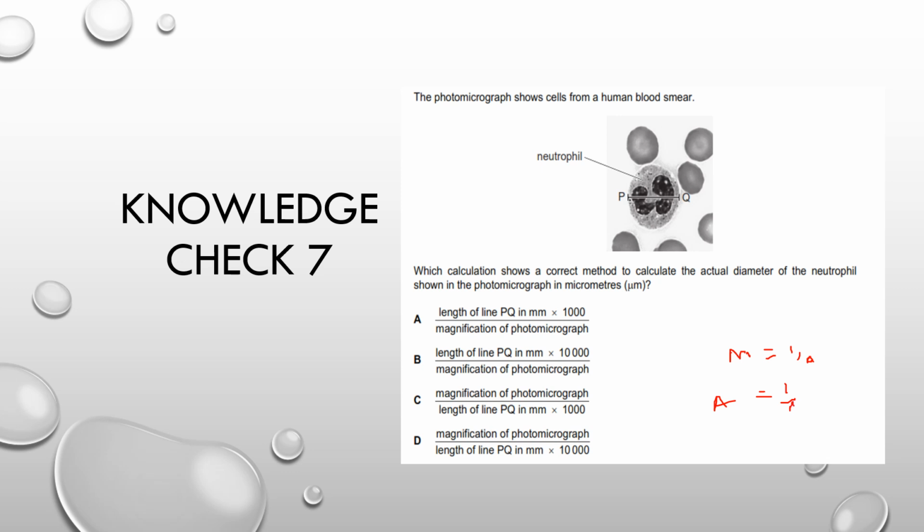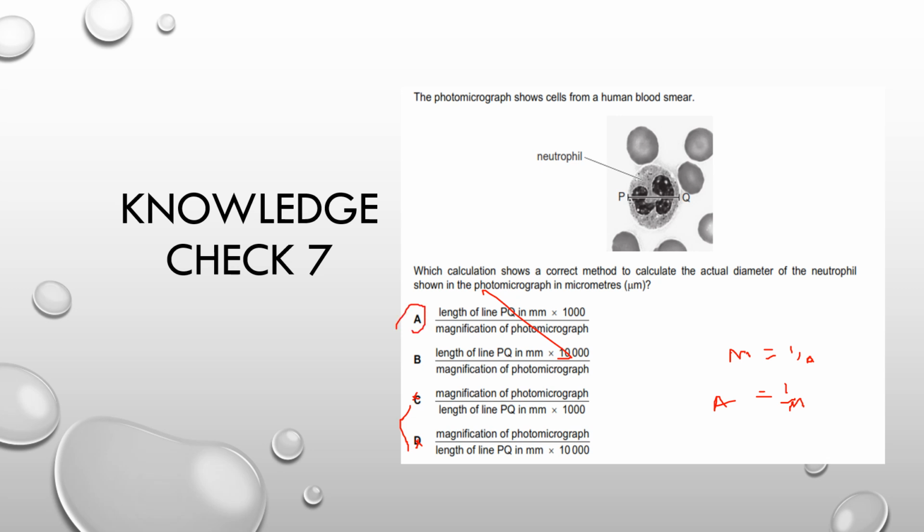That's what disqualified C and D. What disqualified B is that you don't multiply by 10,000, you multiply by 1,000. So the answer is A.